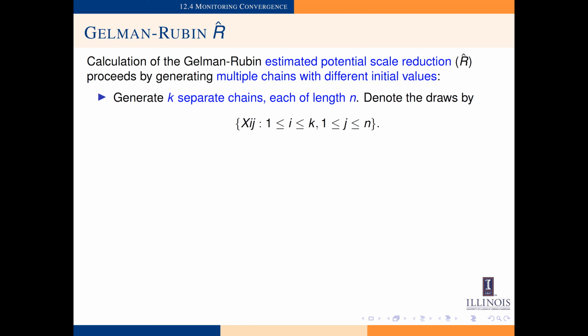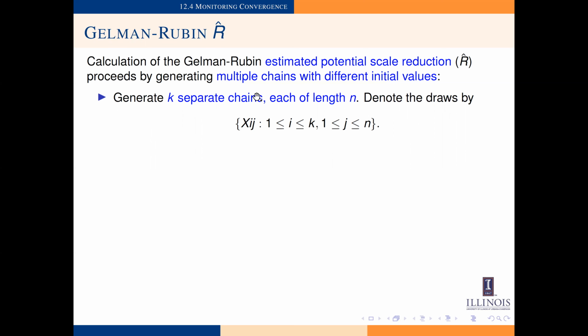Suppose we generate k separate chains. Each of them has a total of n iterations. Let us denote all of the draws across the k chains by the set x_ij, where i ranges from 1 to k, indicating the chain index, and j ranges from 1 to n, indicating the iteration index.